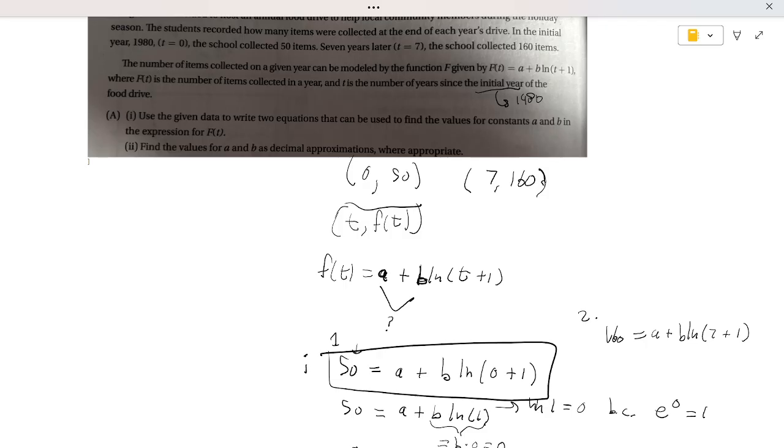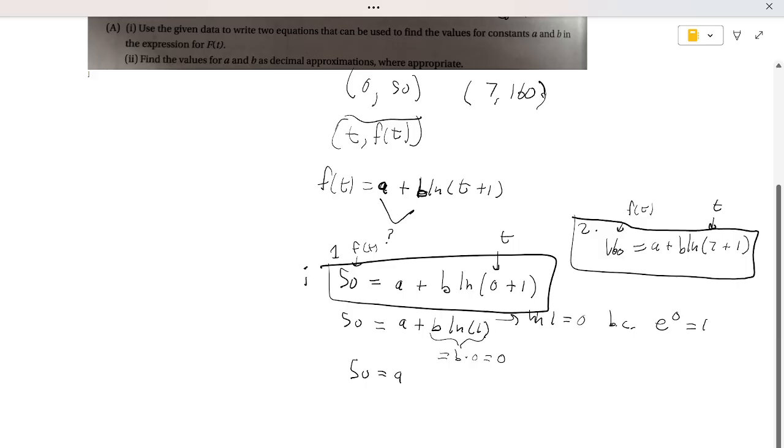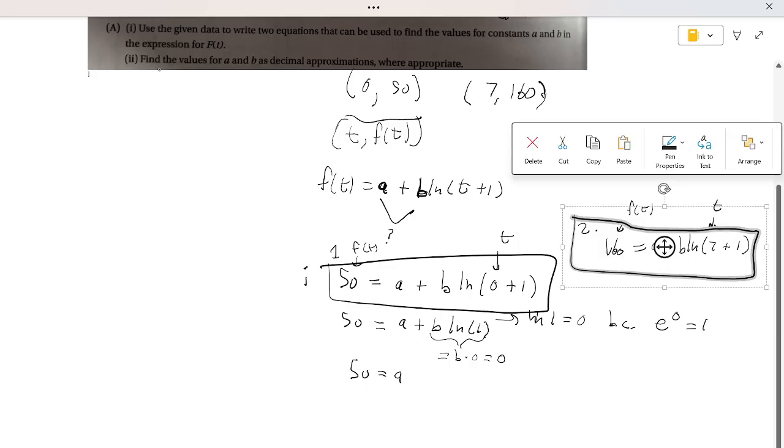Like I was saying, this is our f of t, this is our t. So this would be our second equation that can be used. Now we're trying to find the values of a and b as decimal approximations.